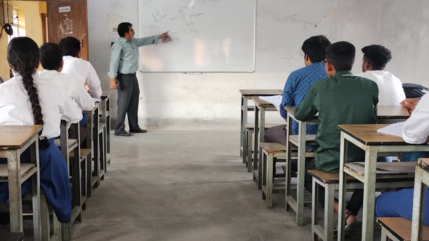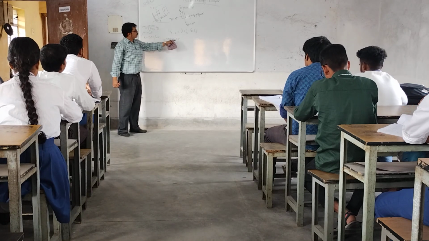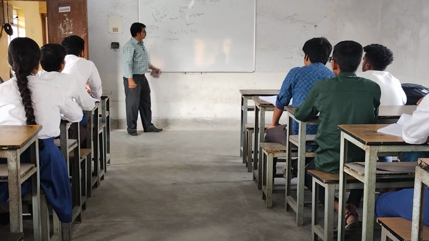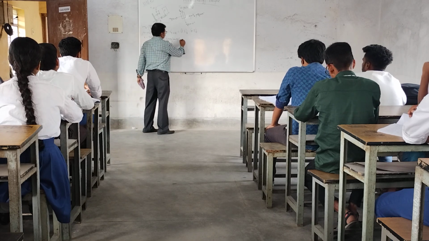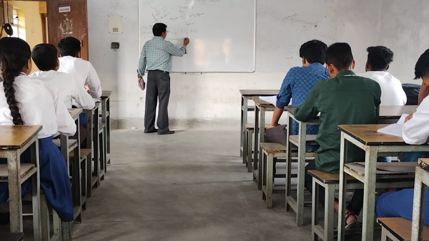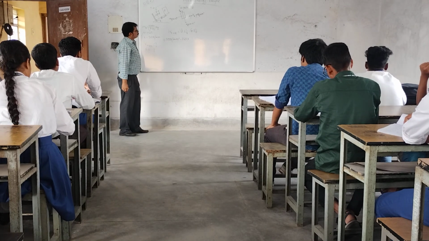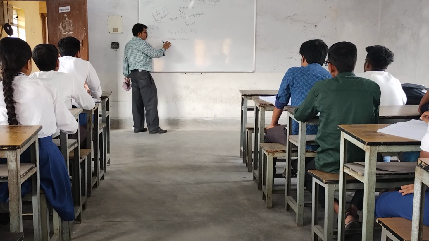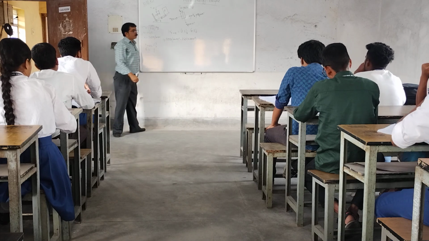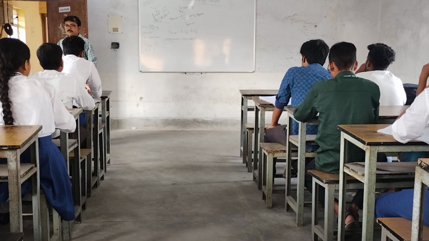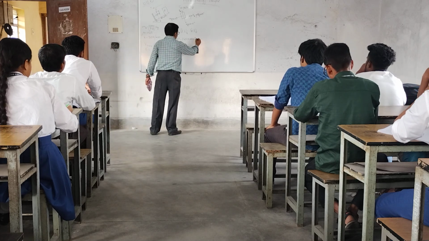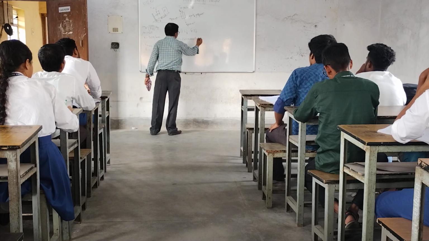Right, so M_A g sin 45, and this is in the opposite direction to that of the motion, so it will be minus mu, which is 0.25, into cos 45, taking 5,000 common. This is the net force into displacement downward, which is 2.5.